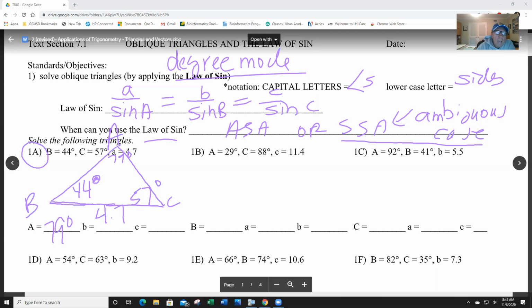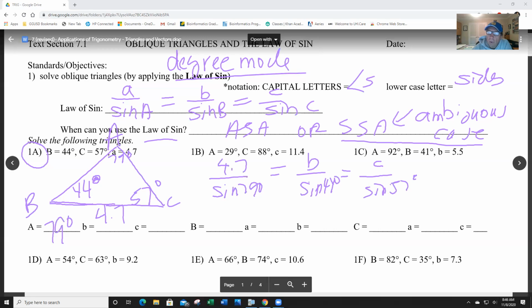So it's going to be A, which is 4.7 over the sine of 79 degrees, and I'll go ahead and set both of them up. It's going to equal B over the sine of 44 degrees, and that's going to equal C over the sine of 57 degrees.